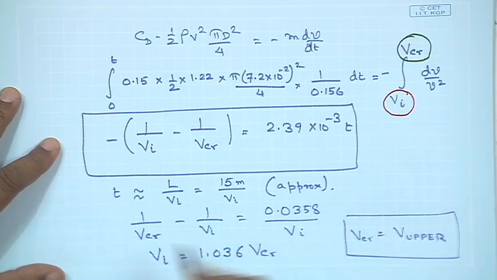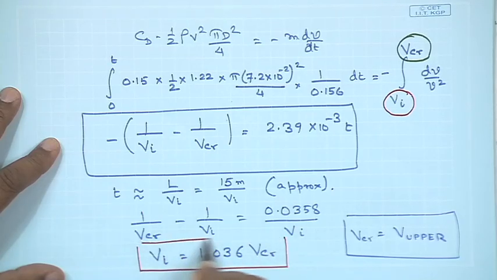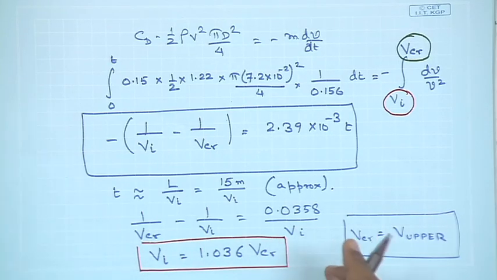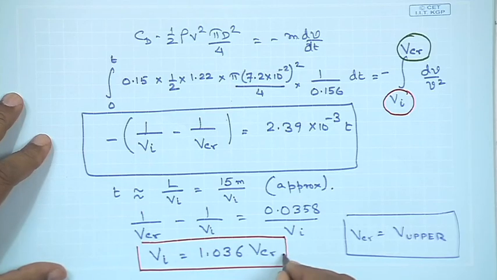So the final result is this. Now when you put in the value of V critical, this would be about 109 kilometers per hour.